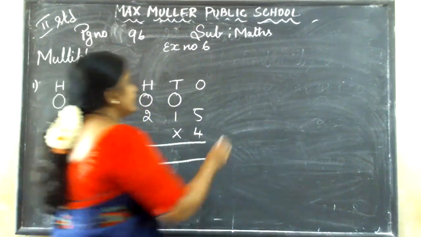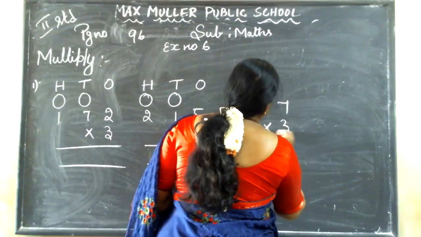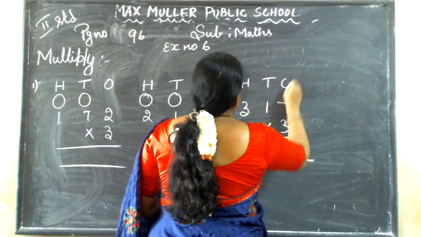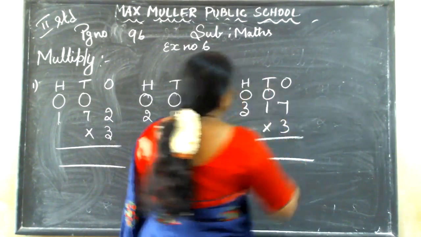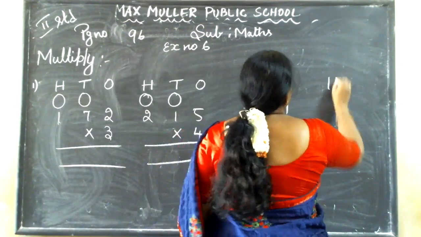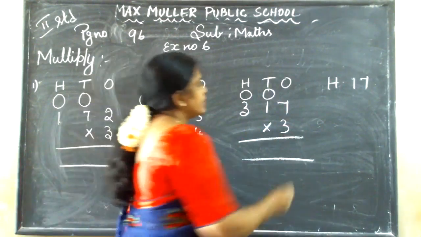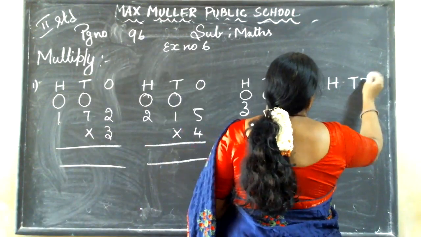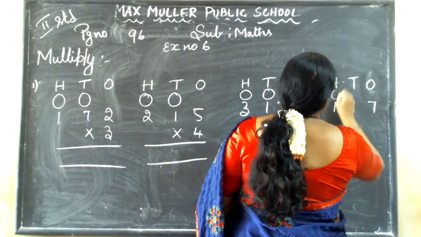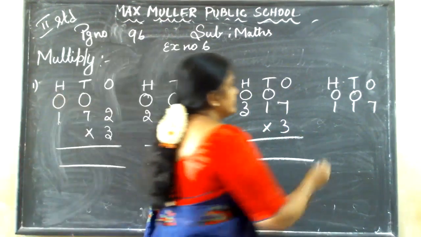Then 317 multiply by 3. Then 117 multiply by 5.